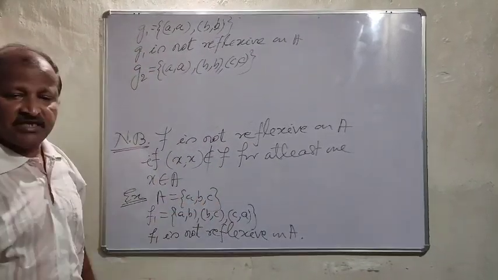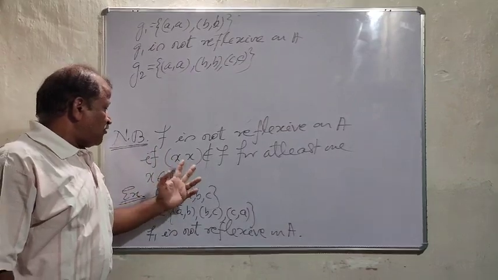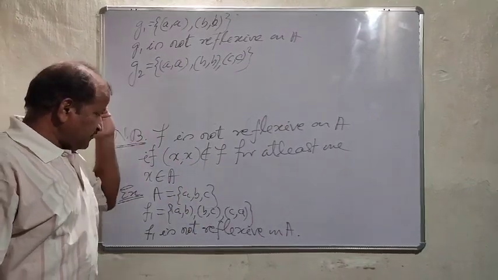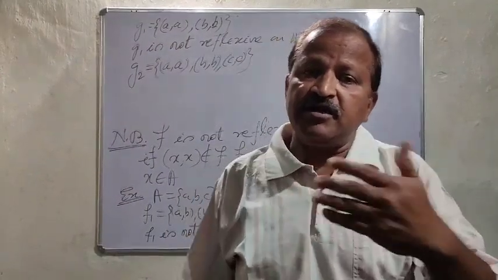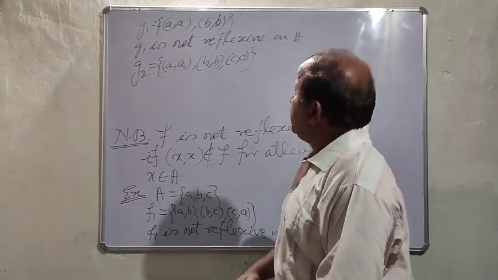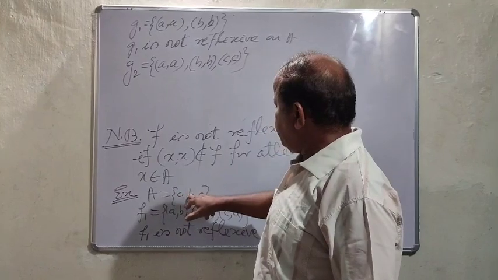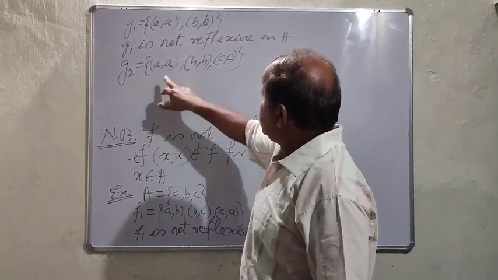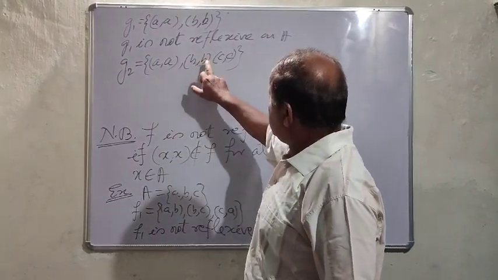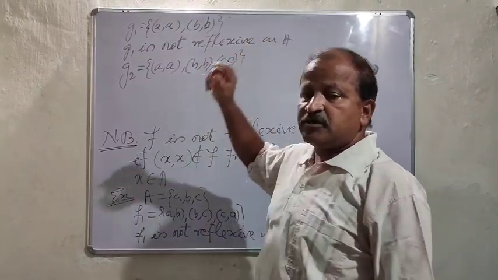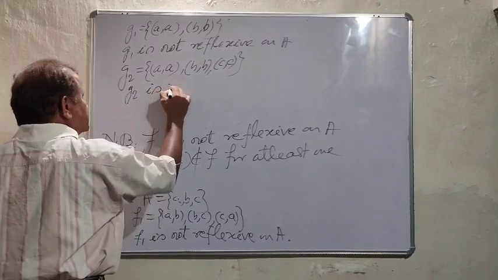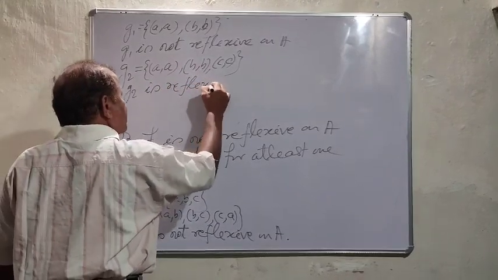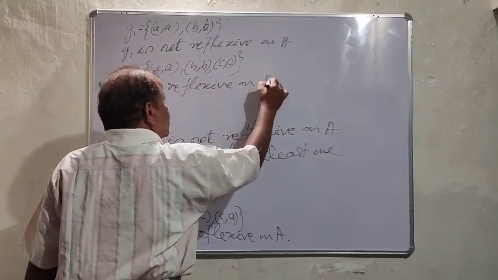We have three elements A, B, C. Our definition says that if x is related to x for all x belongs to A, then it will be reflexive. Here the elements of A are A, B and C. A is related to A, B is also related to B, C is also related to C. So G2 is reflexive on A.